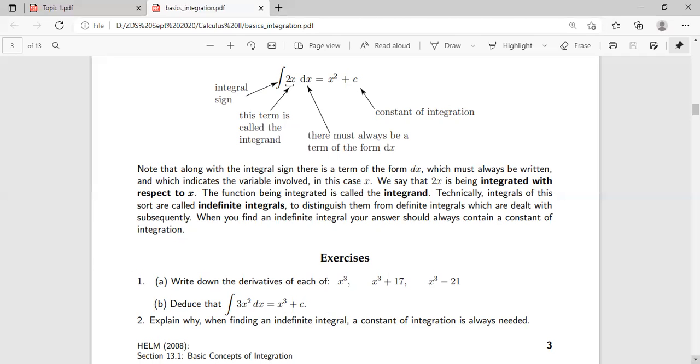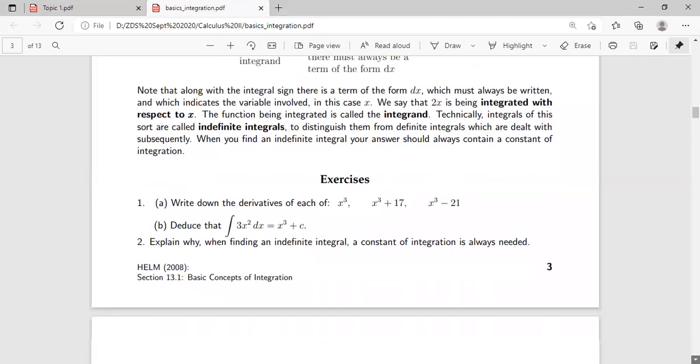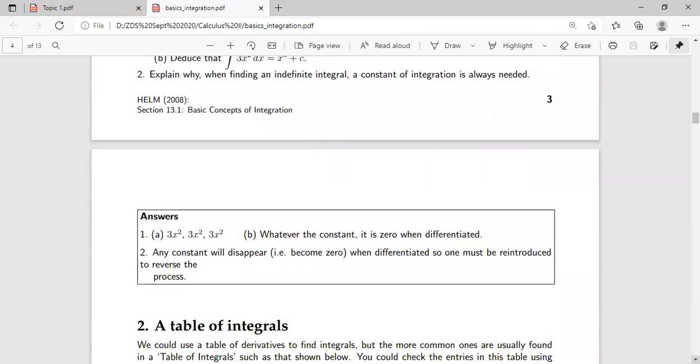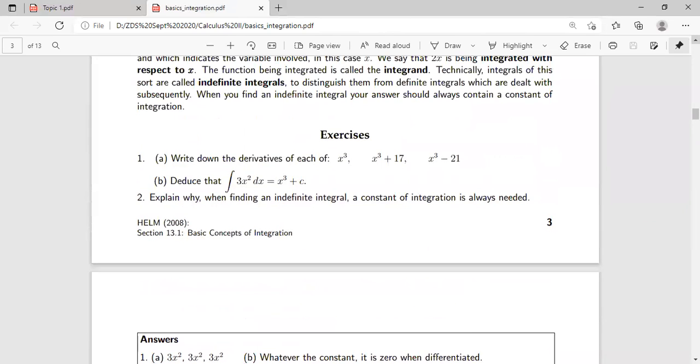For the first one, we are differentiating the x cubed, so this will be 3x squared. Remember the rule is to multiply by the power, so 3 multiplied by 1 gives us 3, then we deduct 1 from the power.